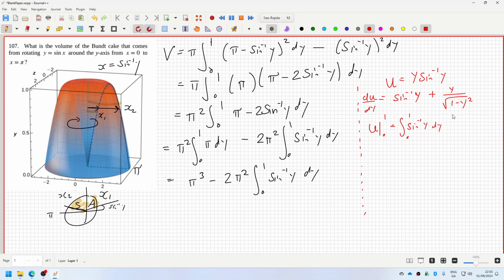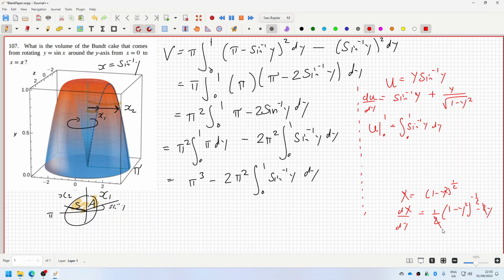And then integrating this, it's actually just a reverse chain rule, because if you have y equals 1 minus y squared to the power of a half, then dx/dy will be a half, 1 minus y squared to the minus a half, times minus 2y.